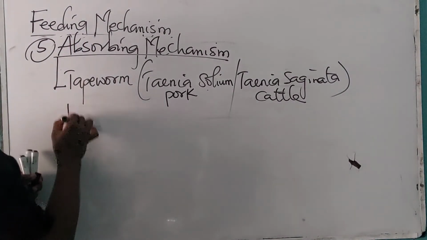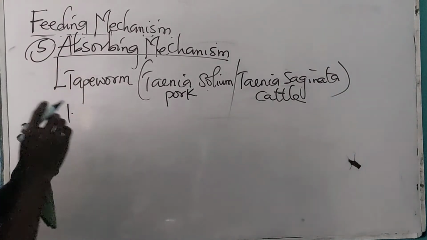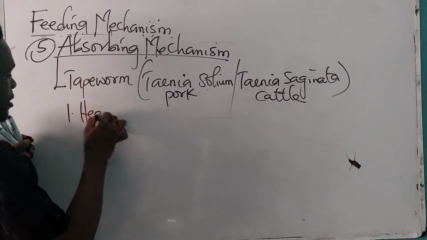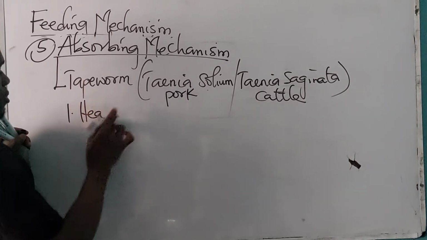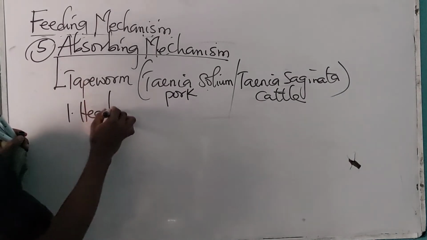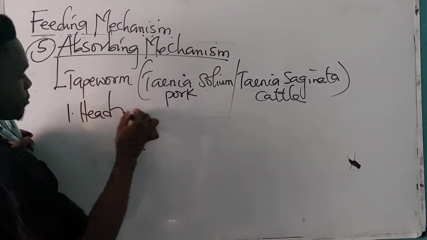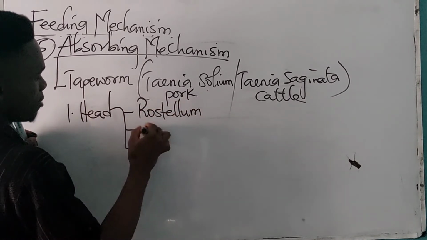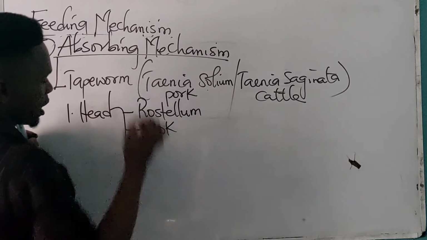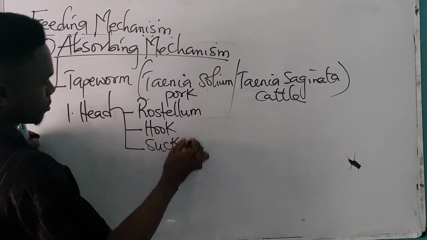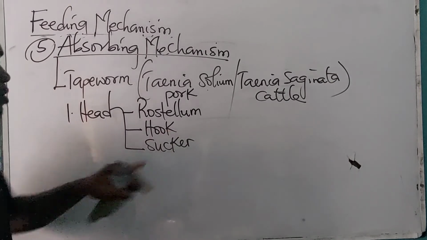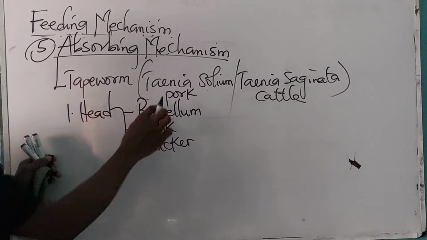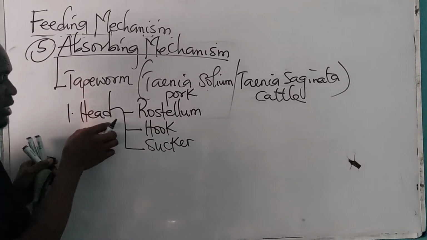Number one, the tapeworm has a head, and on this head you have the rostrum, you have the hook, and you have the sucker. All right, the rostrum, hook, and sucker make up the head.